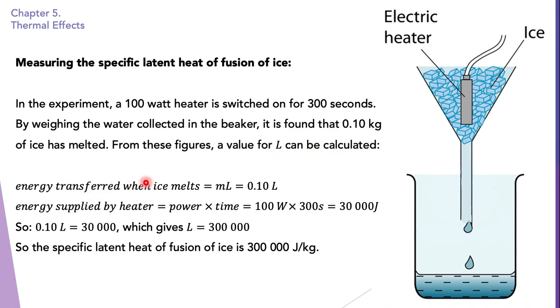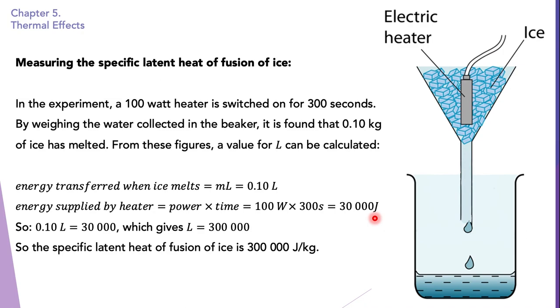Here we have the equation. Energy transferred when ice melts is equal to mL, which is equal to 0.10 multiplied by L. So 0.10 is the mass and latent heat is to be found. Now energy supplied by the heater is equal to power times time, which is 100 watts times 300 seconds, and we would get 30,000 joules.